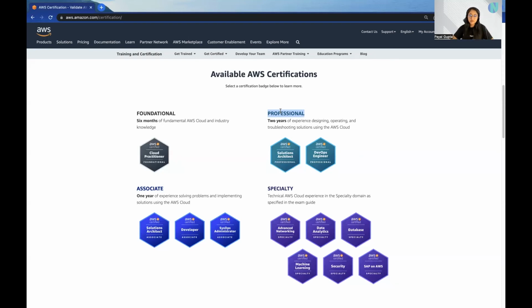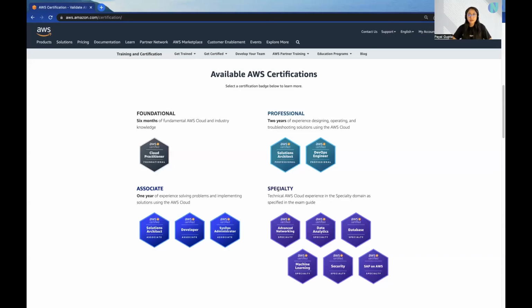for specialty level certifications. Certificates in the specialty category are a bit of domain specific certificates, and they require a deep knowledge of that particular domain. So generally folks with 5 years or more experience, they go for specialty level certifications.